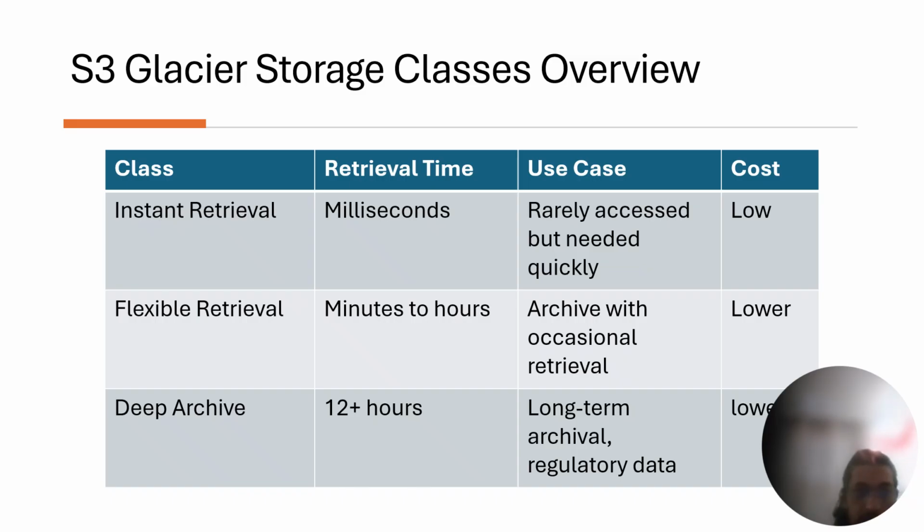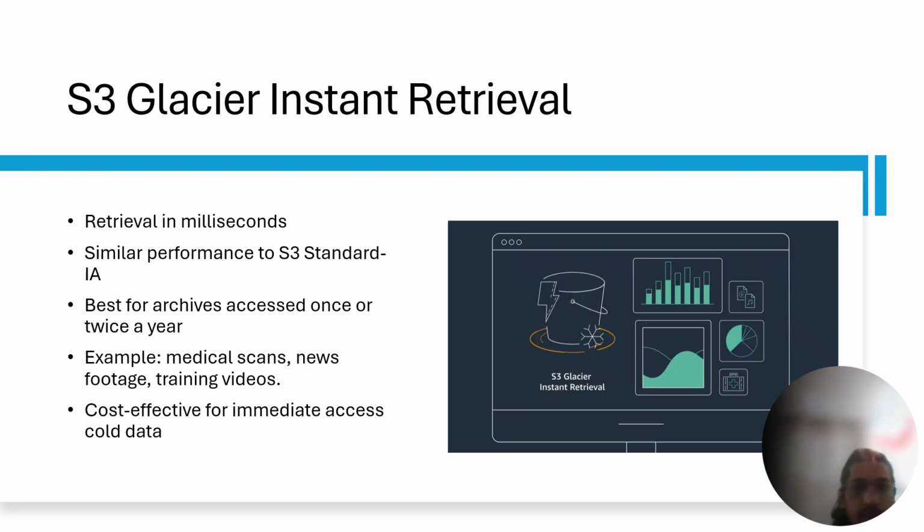Let's discuss S3 Glacier Instant Retrieval. It's the first class. It provides access to your data in milliseconds, just like S3 Standard. It's perfect for archives that you don't access often but still need quick access to when required.